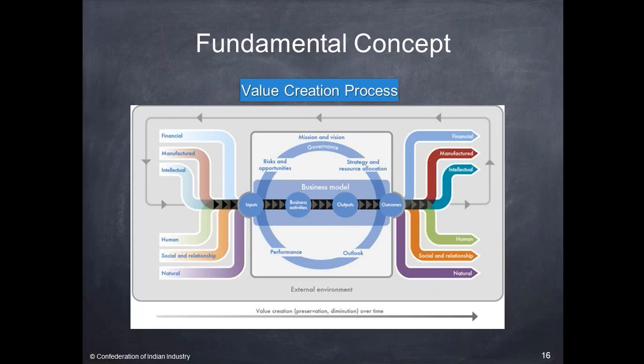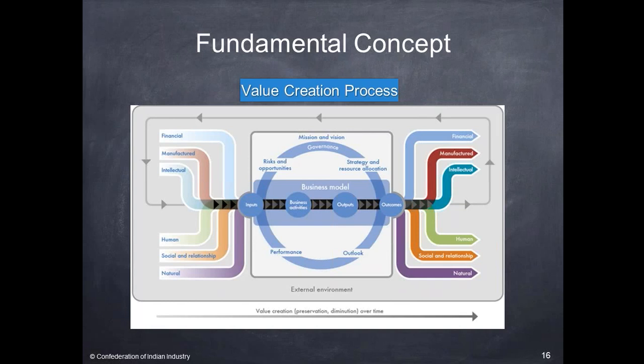If you look at this particular graphic, on the left-hand side are your inputs, and the inputs are both financial and non-financial. And that's exactly what the input for any business is. You have money, you set up a factory, you use people to provide services, to provide goods.